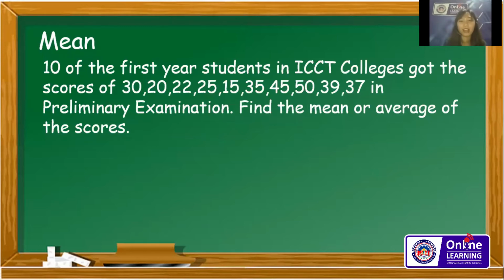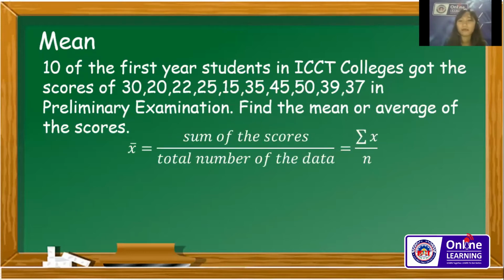So first, we have to get the sum of the data. The formula in getting the mean is the sum of the scores divided by the total number of the data. The symbol for mean is x bar.